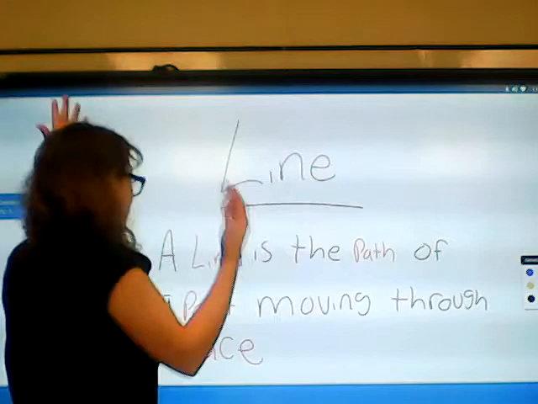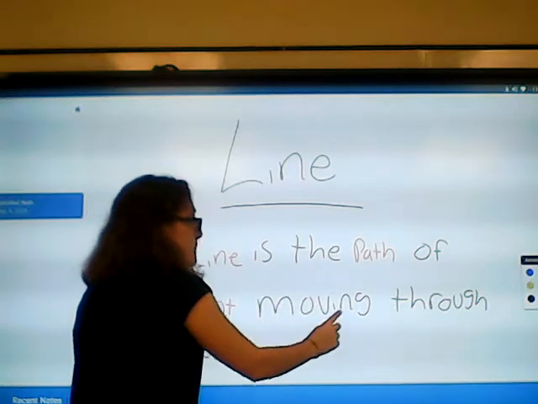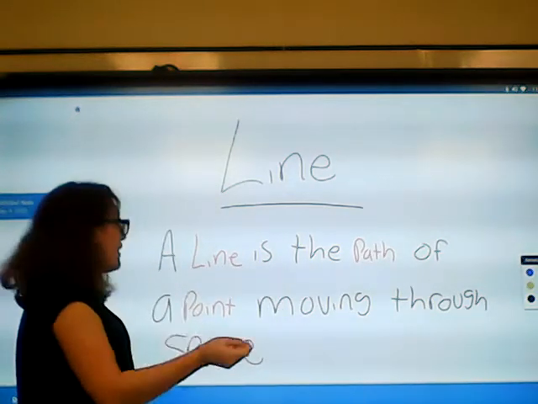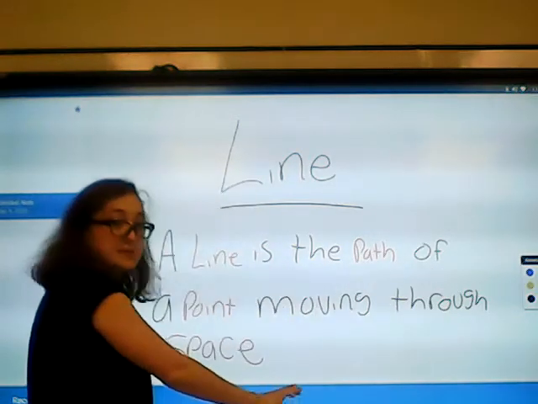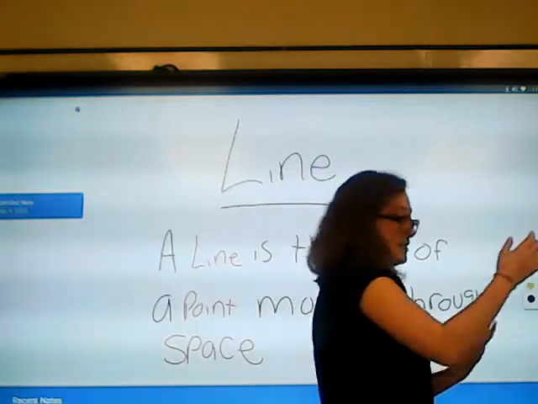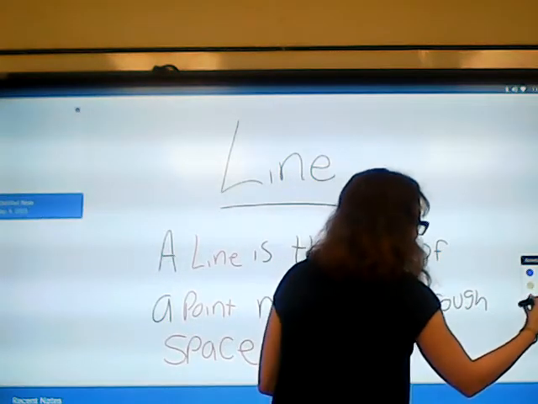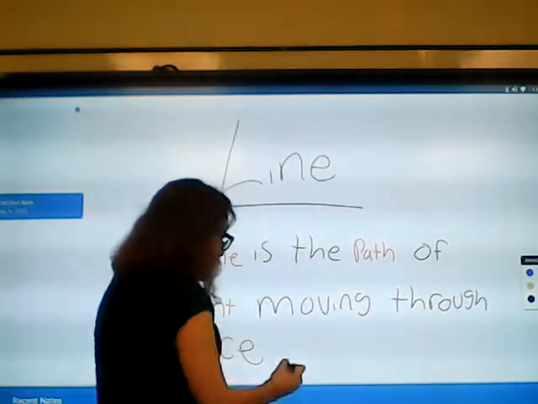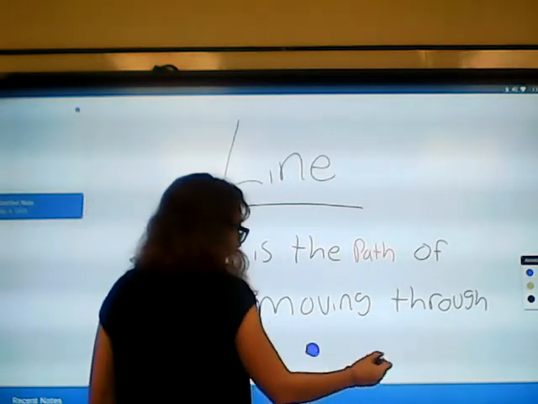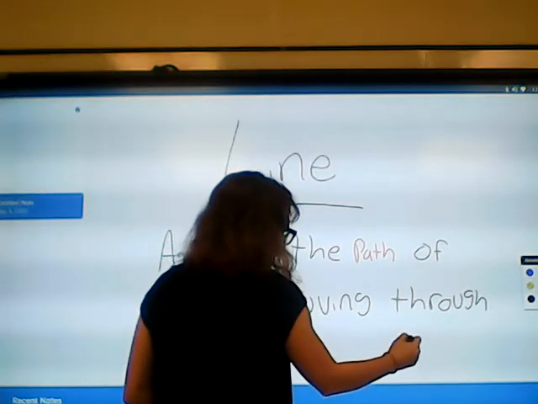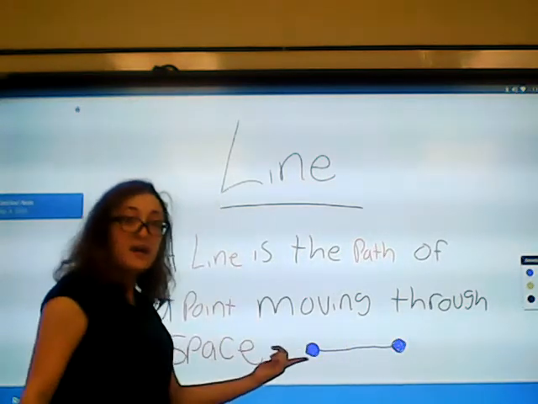So, line. A line is the path of a point moving through space. Again, a line is the path of a point moving through space. What that means is, I left my pointers over here. What that means is that if I have a point here, and I have another point here, a line is what gets me from here to there.